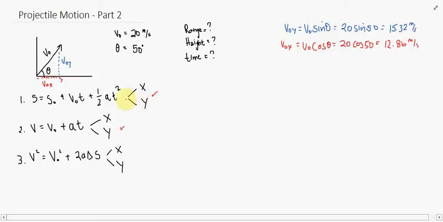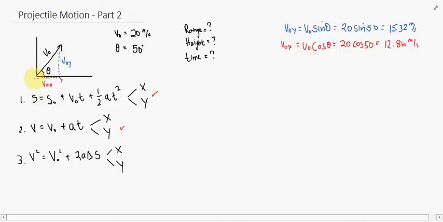The next decision I have to make in terms of which one of the two I will use is dependent on what is the information that I have. Well, if I look at the first one, this change in displacement, if I'm just looking at vertical motion, since the vertical motion is going to tell me how long this object spends in the air, I don't have how high it's going to go, right?